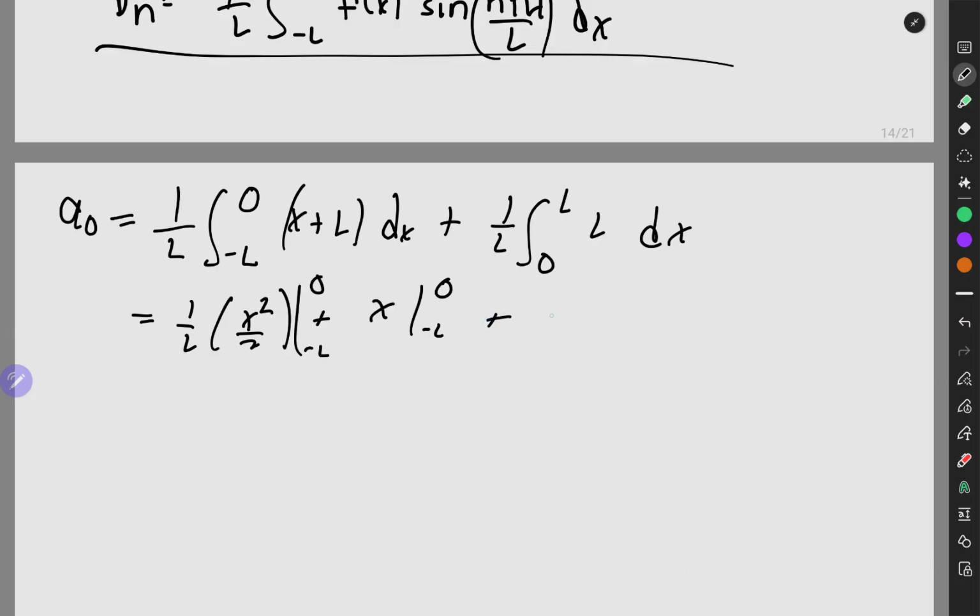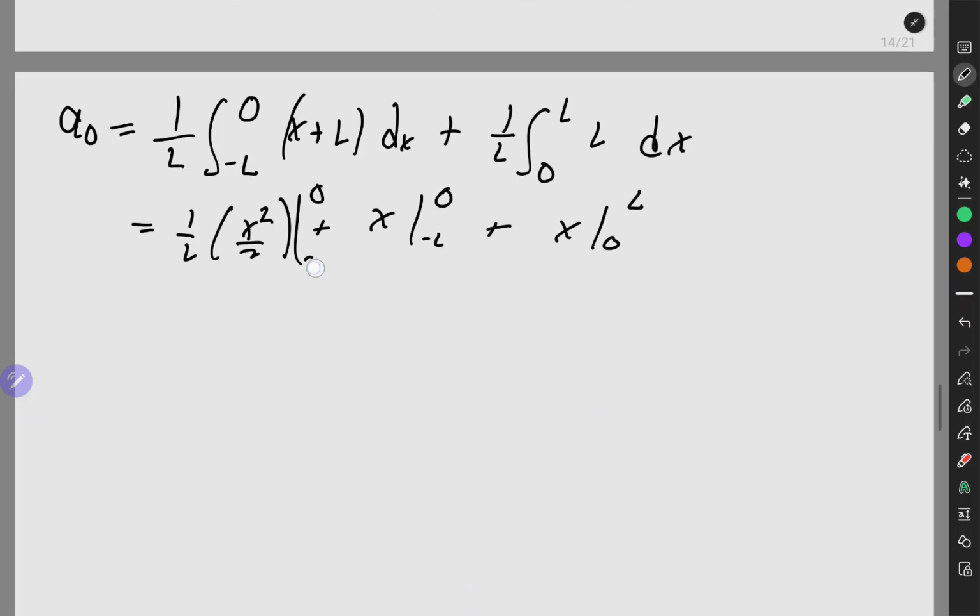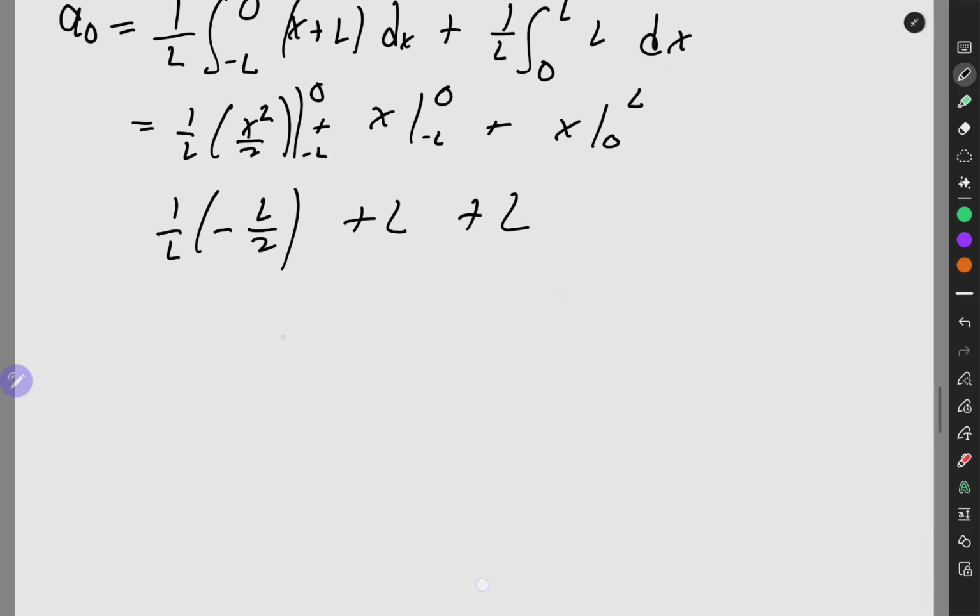And this will become the same exact thing, but from 0 to L. Okay, so then we would have 1 over L times negative L over 2, minus plus L.